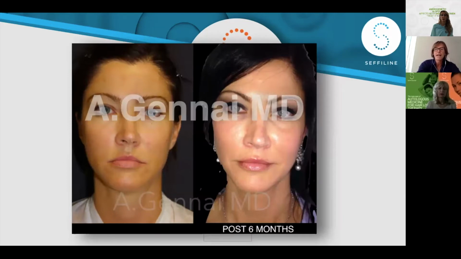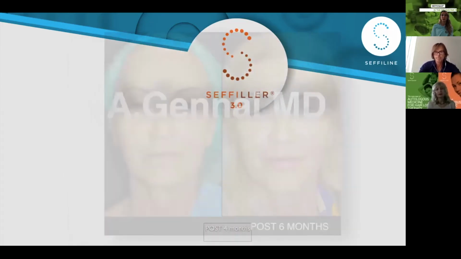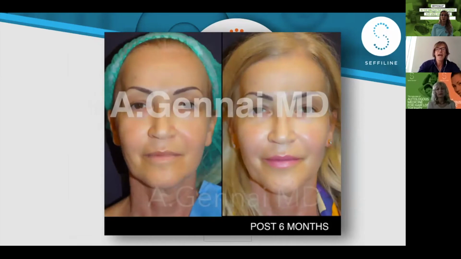But after months, the volumizing effect comes from the SEFFILLER and not from hyaluronic acid. Again, in this case, the enhancement of the quality of the skin and the volume come from the SEFFILLER and not hyaluronic acid. Hyaluronic acid only has the capacity to give volume enhancement in the short term.